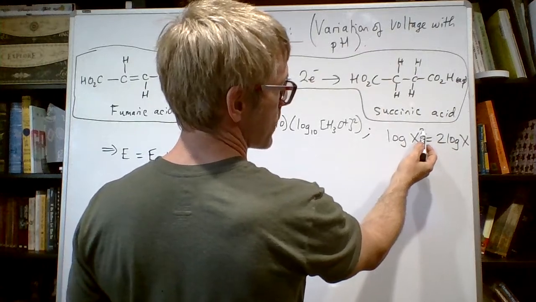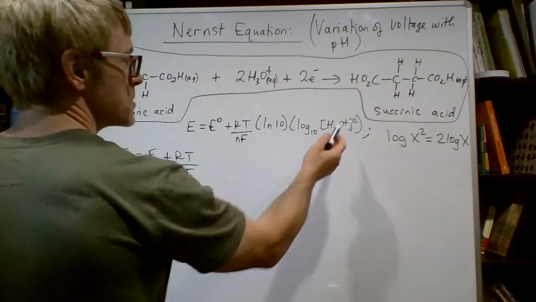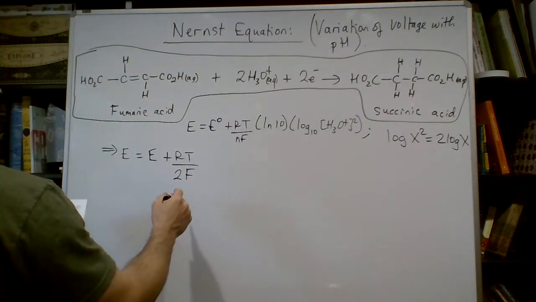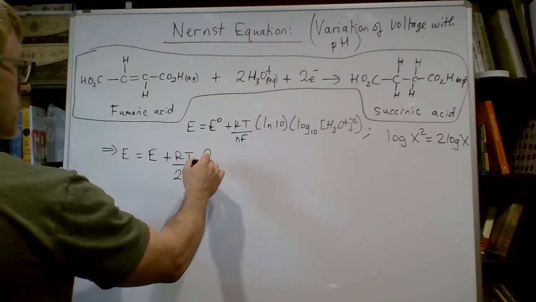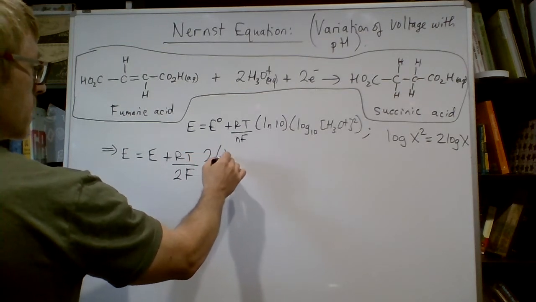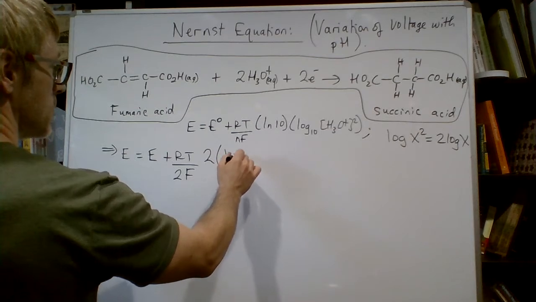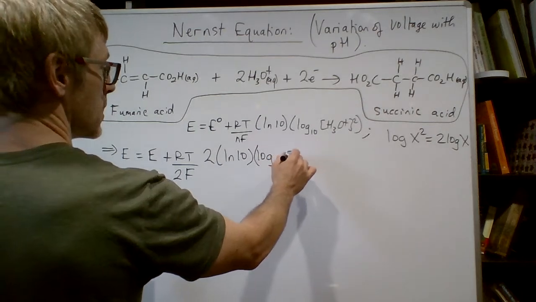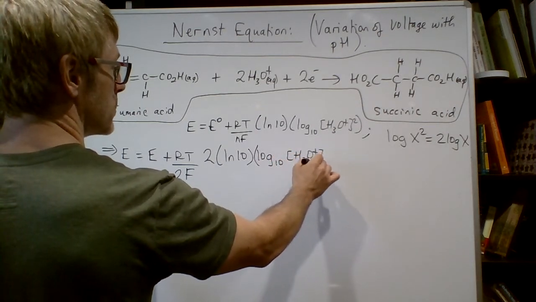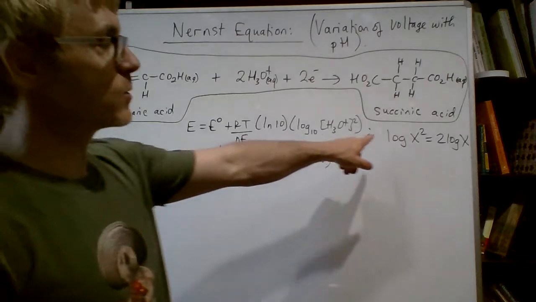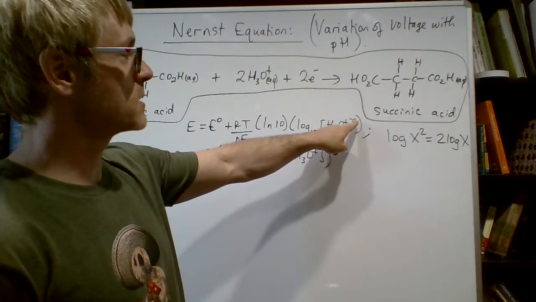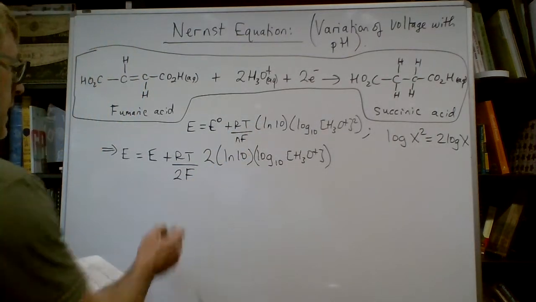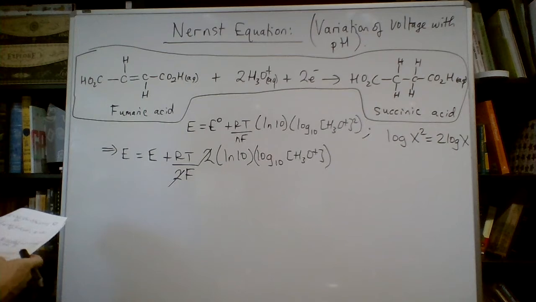So with logs we can write exponents as coefficients. Let's bring this exponent 2 down as a coefficient, outside of the parentheses, log base 10 hydronium. Again, we've used this rule of logs to bring that exponent down as a coefficient. And now you can see that this 2 will cancel this 2.